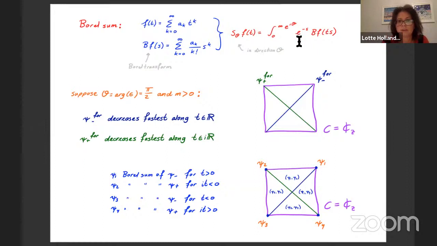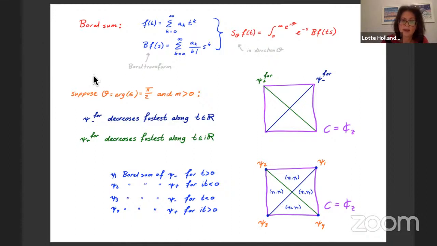This is the Borel sum in the direction theta. What this Borel sum does is, if the series that we started out with was convergent, then the Borel sum will just give the same function back. But more generally, it can resum more general series, giving exact results.